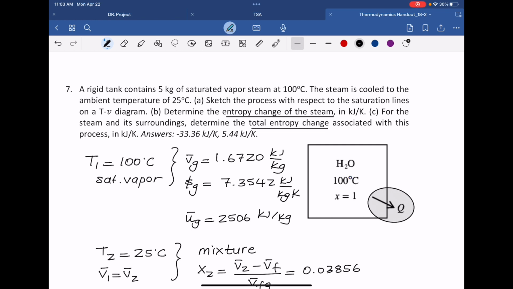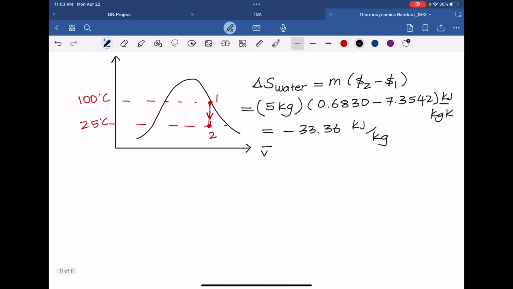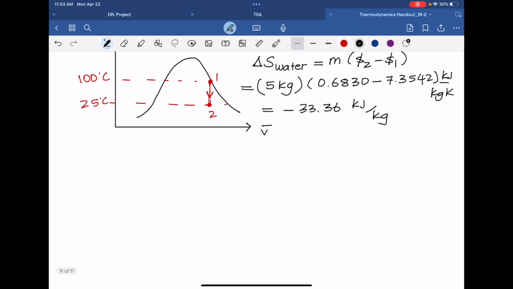For me to find the total entropy change, in other words, they could have also asked for the entropy generated during this process, because remember, within the universe, the total change is equal to entropy generation and is always positive. In order for us to find that, we need to sum up the subsystems' entropy change.